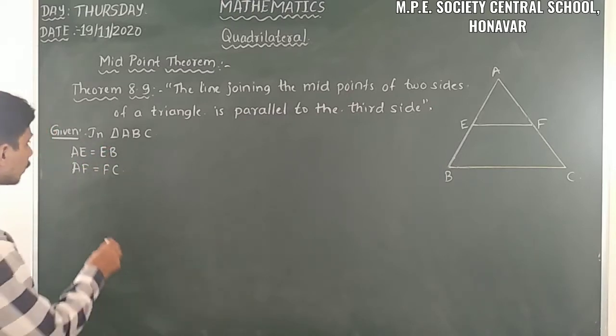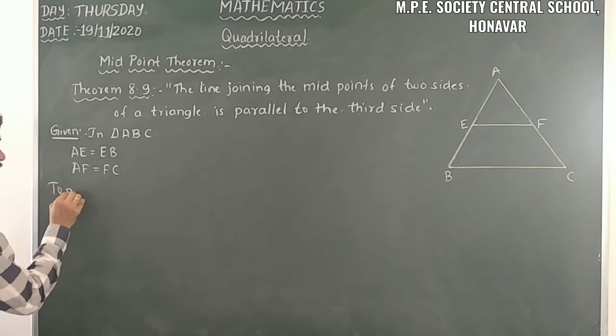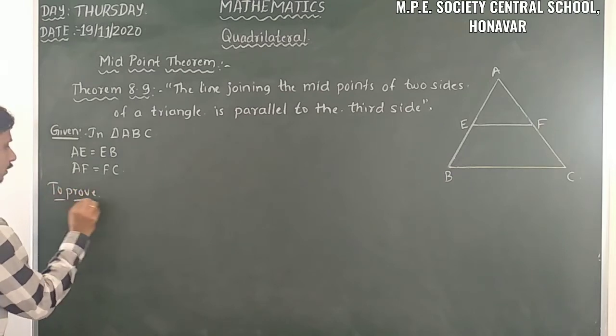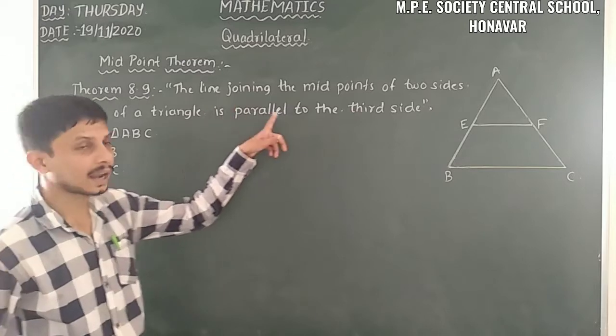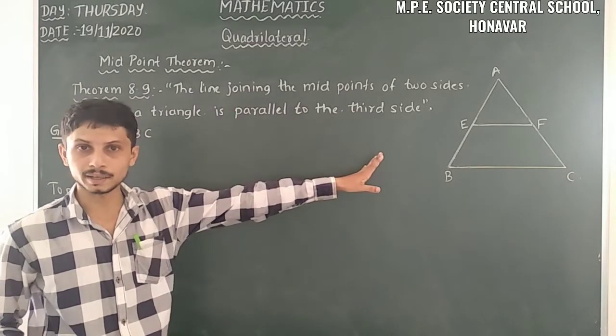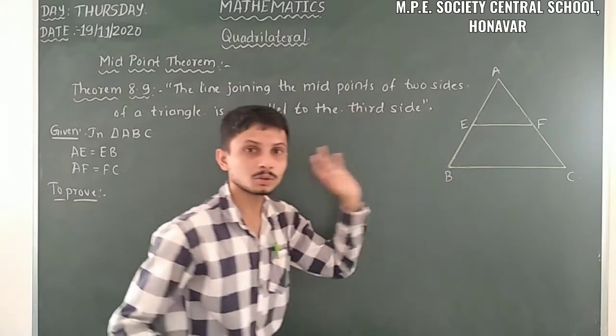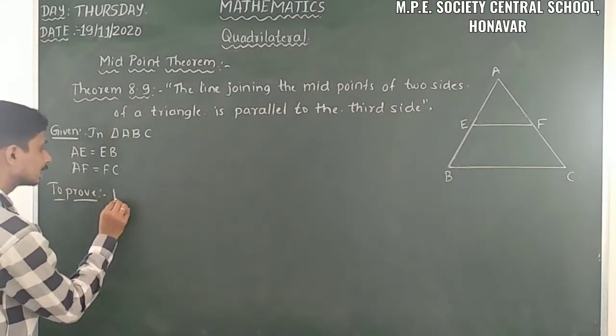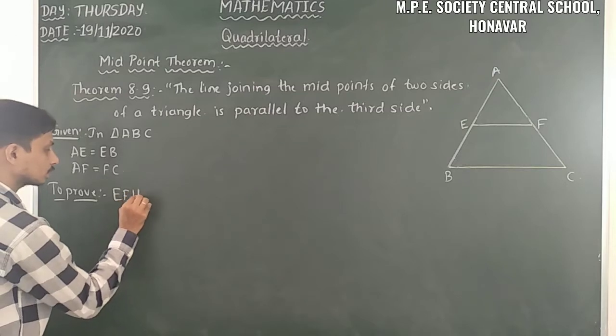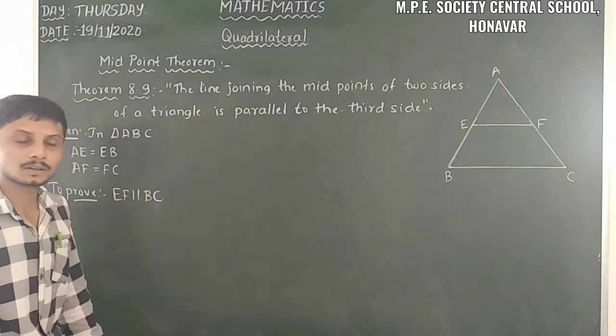Yes. So what we have to prove here? We have to prove this line is parallel to the third side, that is EF is parallel to BC. We have to prove EF is parallel to BC.